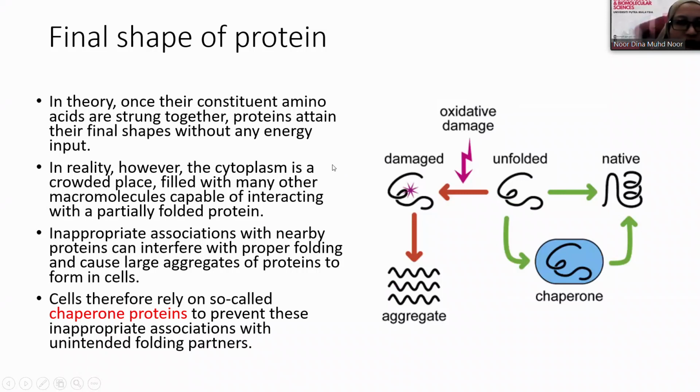So this is the final shape of the protein. Actually, I think this slide should be before the application, sorry for that. Just another addition to what we have discussed on protein folding.